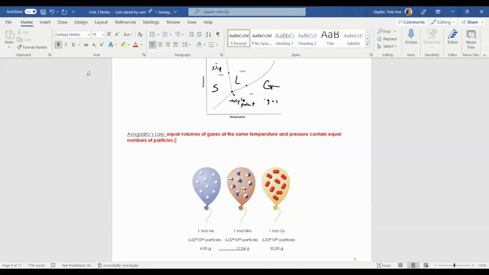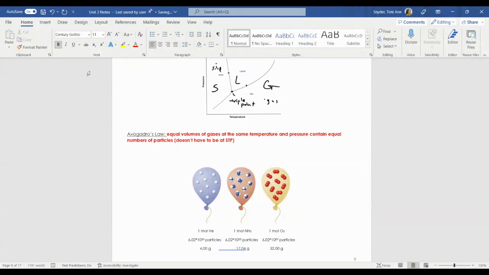And notice how it just says the same temperature and pressure. This doesn't have to be at STP. All that matters is that it's at the same temperature and pressure. So because they have the same number of particles, they would occupy the same exact volume.